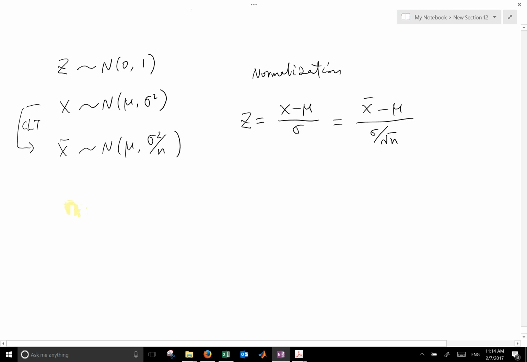But t equals X bar minus mu over s over the square root of n. So what's the difference between the t distribution and the z distribution? Z is the standard normal distribution, and this is the t distribution.